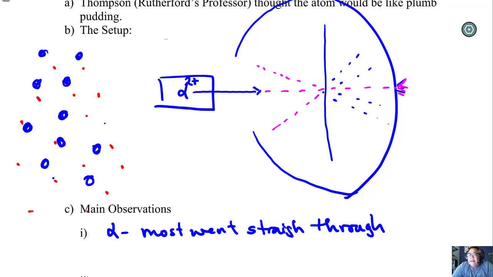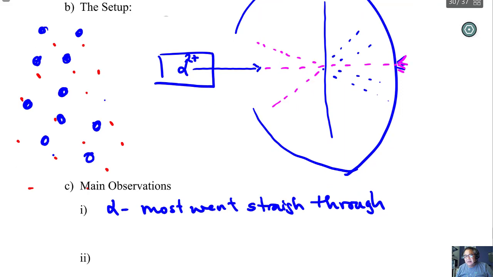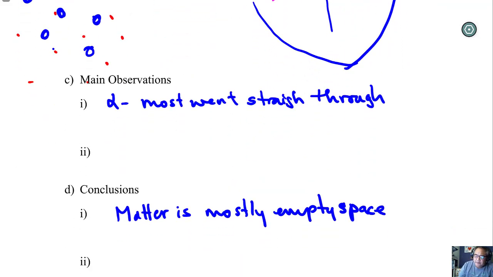That's like you running into a concrete wall and just bouncing off of it. And so the question was, what does that mean? The mostly empty space, and the fact that some particles bounce straight back, go together.